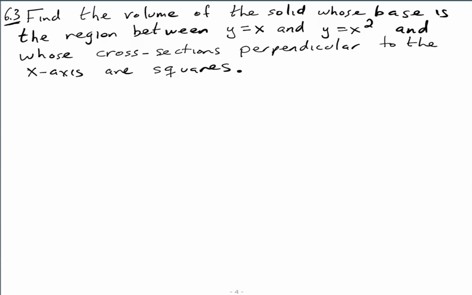So we're not going to rotate it, but if you imagine taking a cross section perpendicular to the x-axis, it should be a square. So these are kind of harder to draw, but again, the good news is you don't really need to do a good job drawing it to do it correctly. So let's kind of draw it a bit at an angle here.